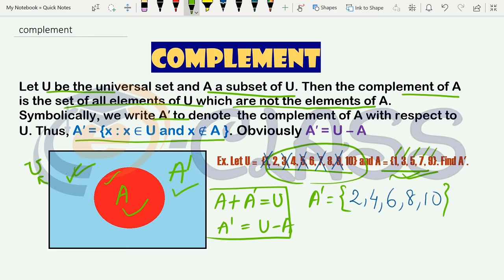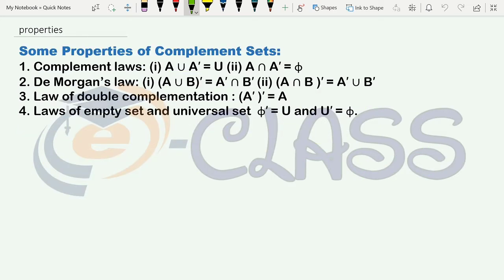Now there are some properties of complement sets. The first property is A union A dash equals U. So let us take U equals {1, 2, 3, 4, 5, 6} and A equals {1, 5, 6}.